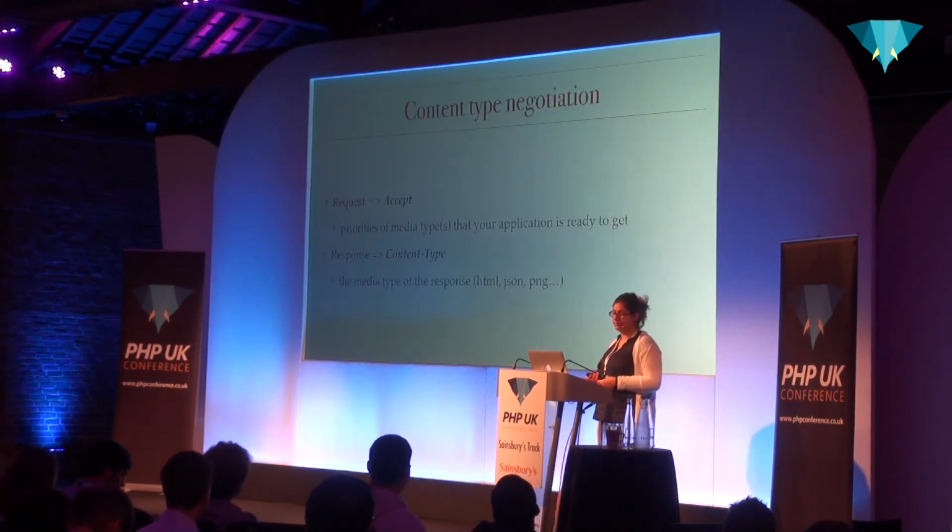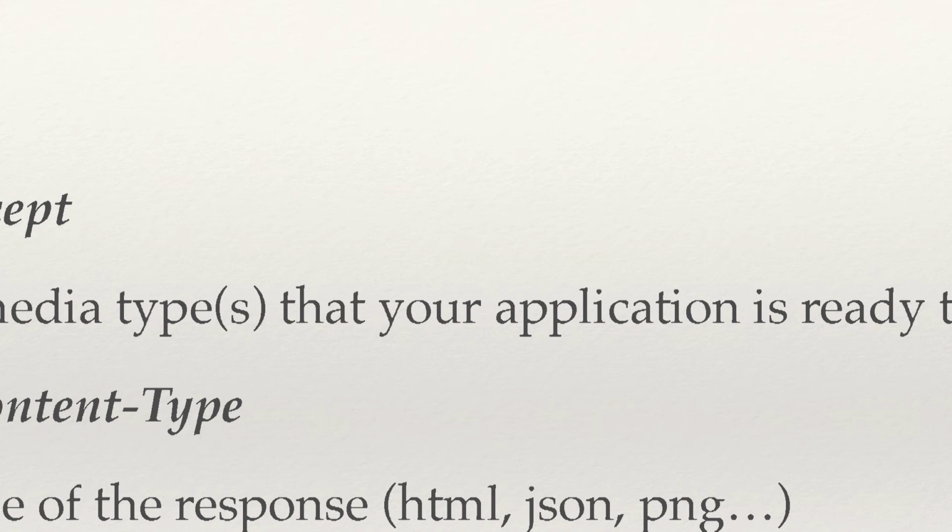Okay, with FOSRest you have a content type negotiation part, and it's about, on one side, when you are requesting a resource, make sure that there is a priority of media types that your application is ready to get. It's about using the header accept.